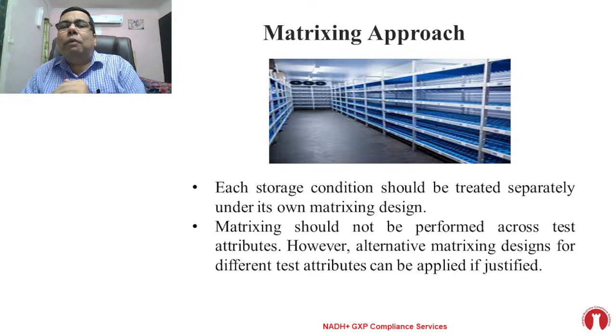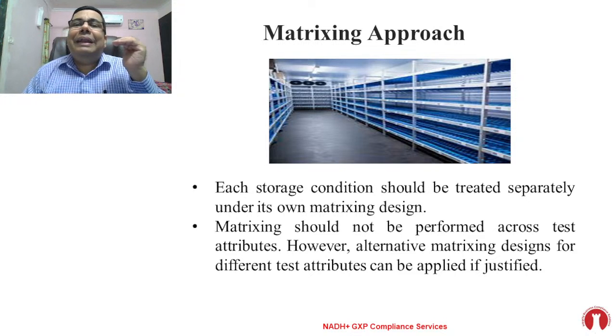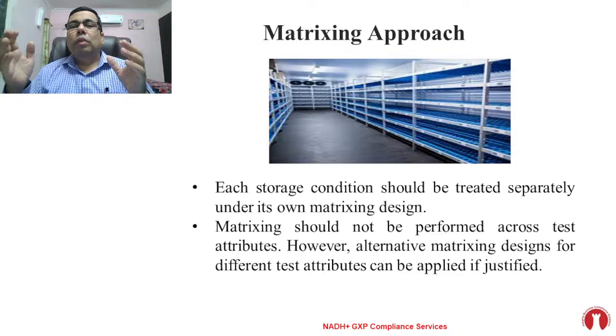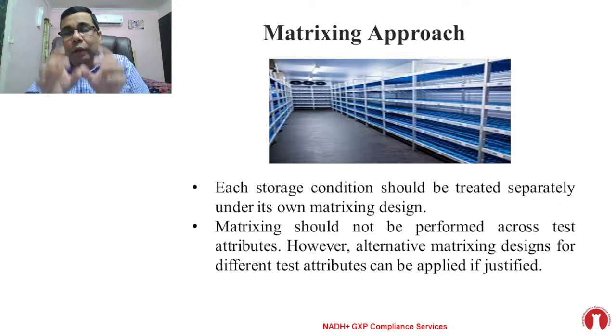Matrixing should not be performed across test attributes. However, alternative matrixing designs for different test attributes can be applied if justified. What does it mean? When you are performing the matrixing, already you are reducing the testing, reducing the samples to be tested, right?